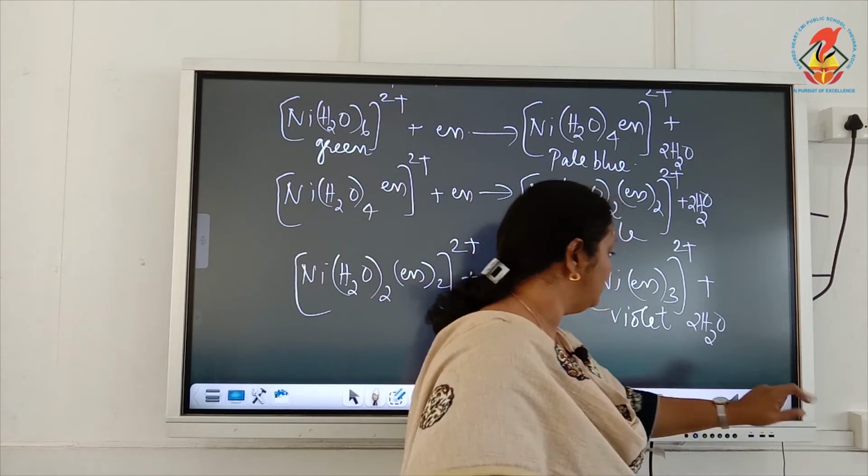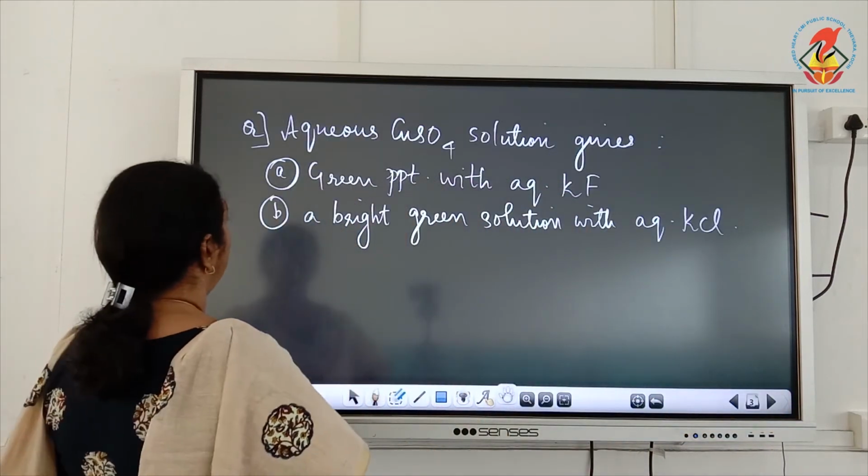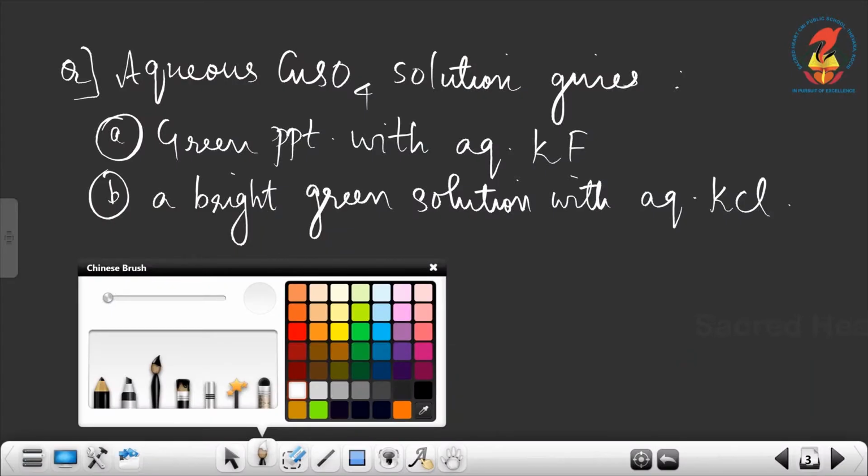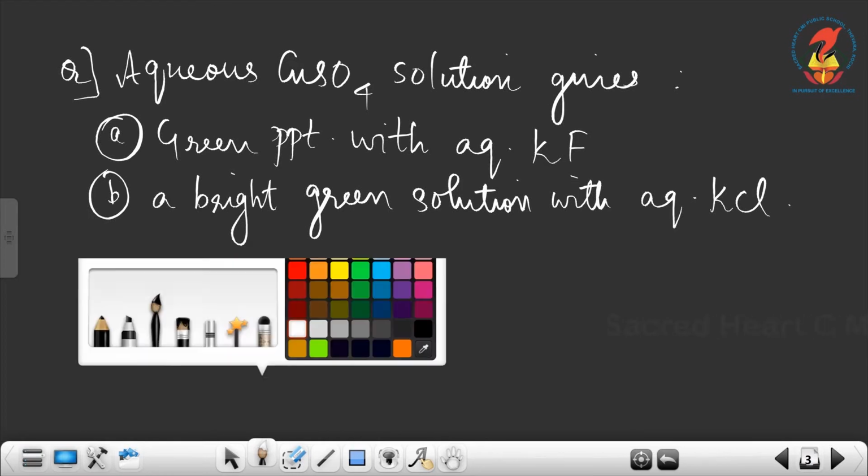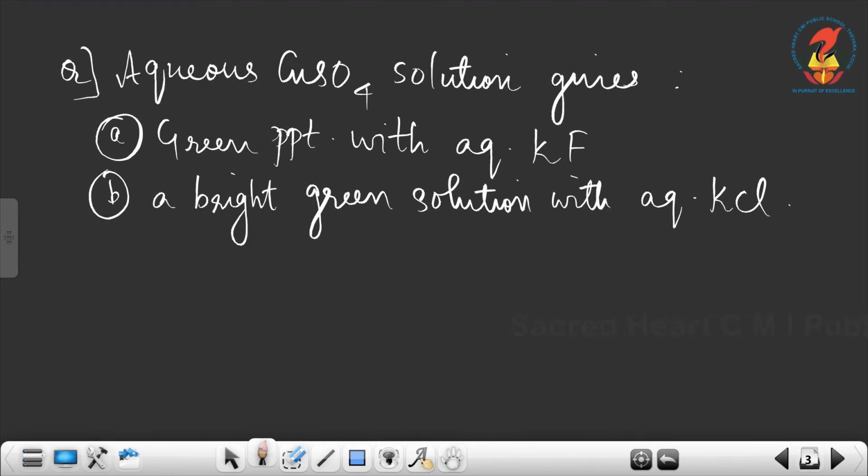So, the first question is, aqueous copper sulfate solution gives green precipitate with aqueous KF and a bright green solution with aqueous potassium chloride. Now, here it is given aqueous copper sulfate. Aqueous copper sulfate is blue in color.